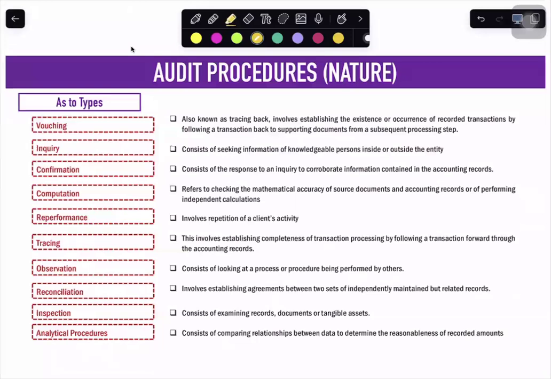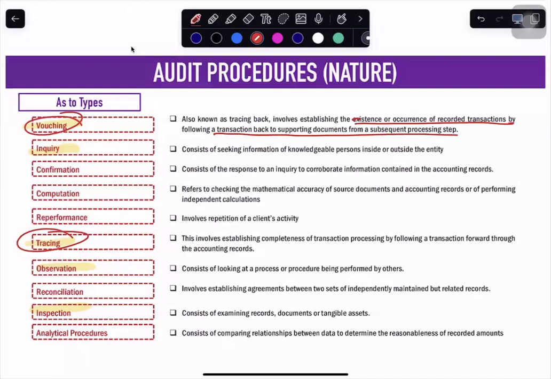So other types, aside from inquiry, observation, and inspection, we also have vouching and tracing. This is a very important type of audit procedure. Vouching involves establishing the existence or occurrence of recorded transactions by following a transaction back to supporting documents from a subsequent processing step.